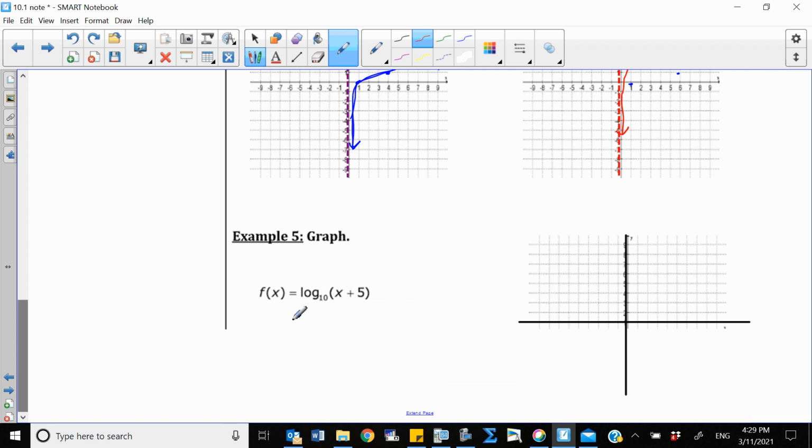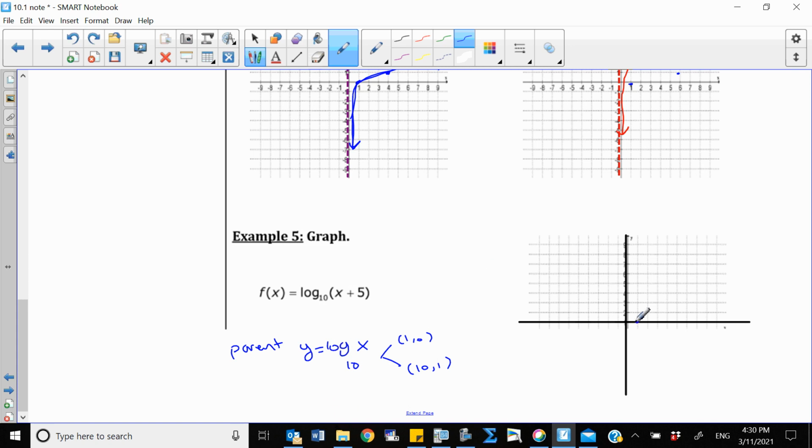And now here we have the last function, log base 10 of x plus 5. So here, the parent function will be y equals log base 10 of x. So the 2 points are (1, 0) and (10, 1).